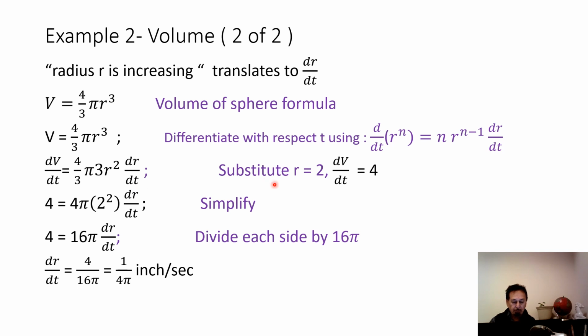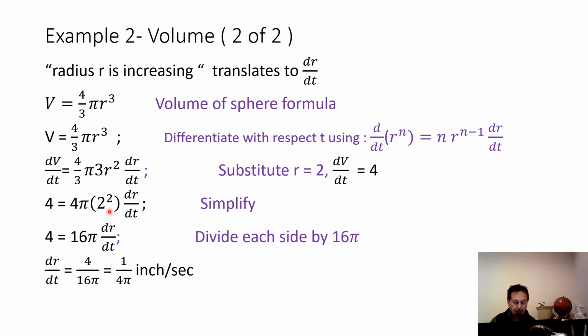Now we substitute r equal to 2 and dV over dt equals 4. But you can also cancel 3 with 3. So you have dV over dt becomes 4, 3 cancel becomes 4 pi, and r is 2. It becomes 2 squared and dr over dt I have to find.